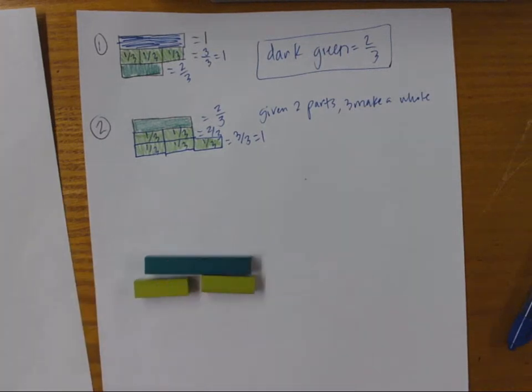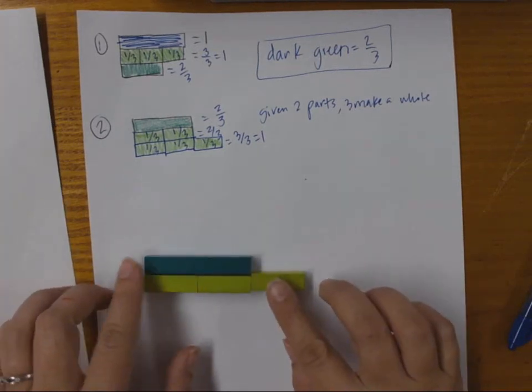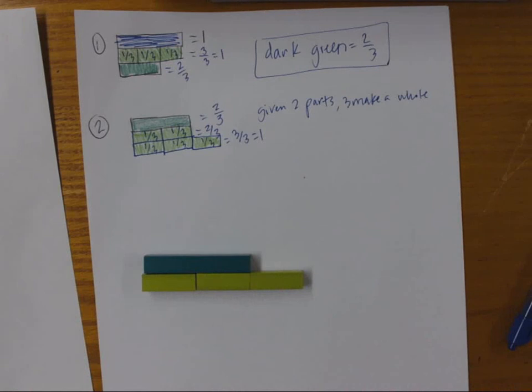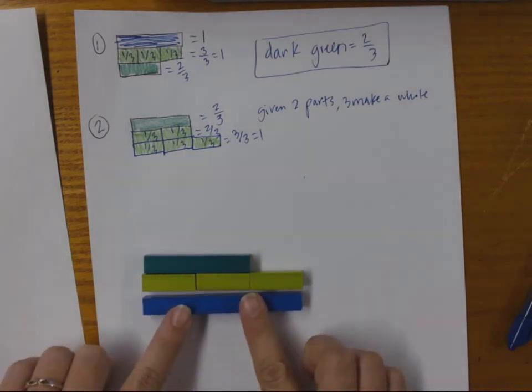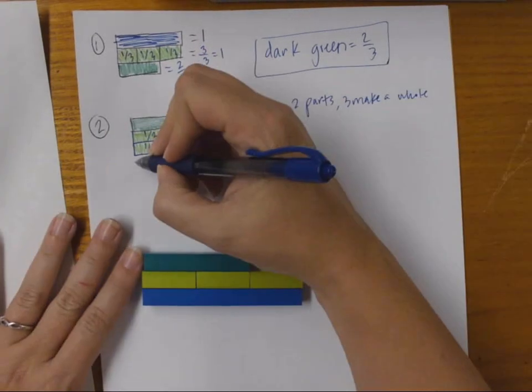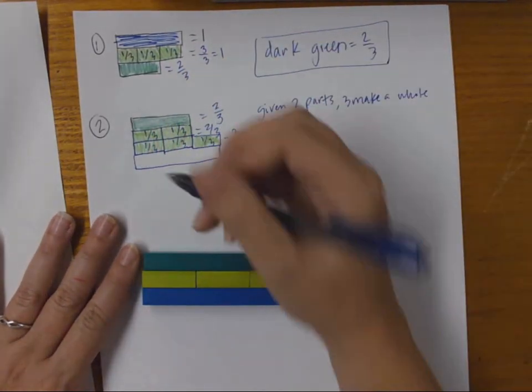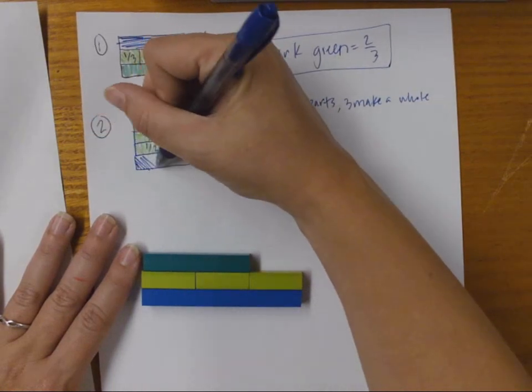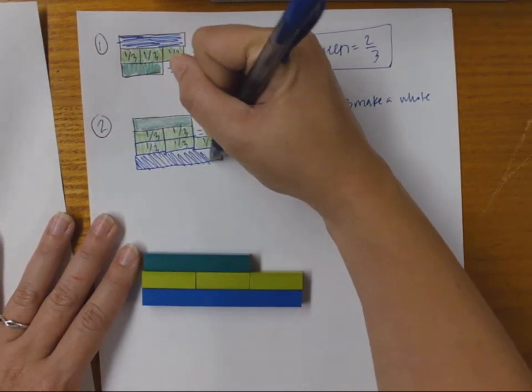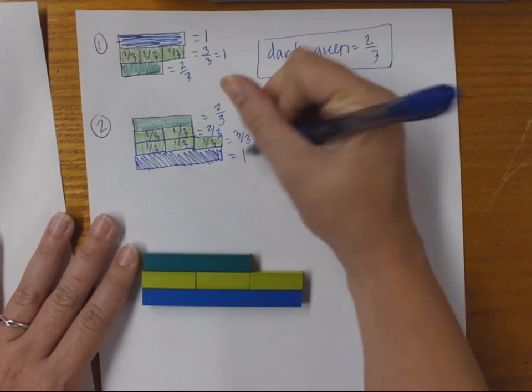And my picture down here with my actual Cuisenaire rods. Here's my whole. Well, which Cuisenaire rod is the whole? The blue is the whole. And let me shade that in. So this is my whole, the blue Cuisenaire rod.